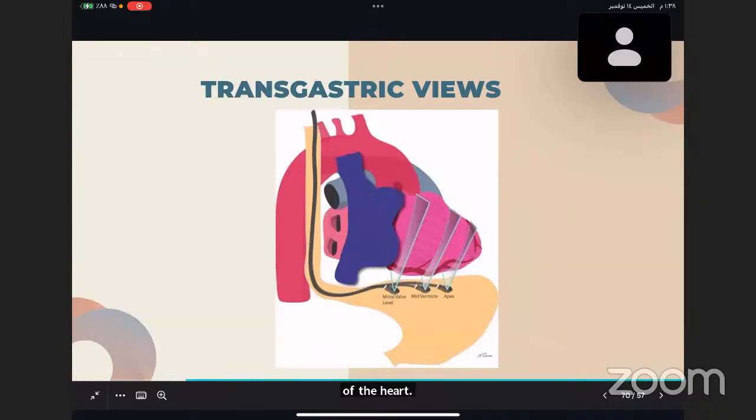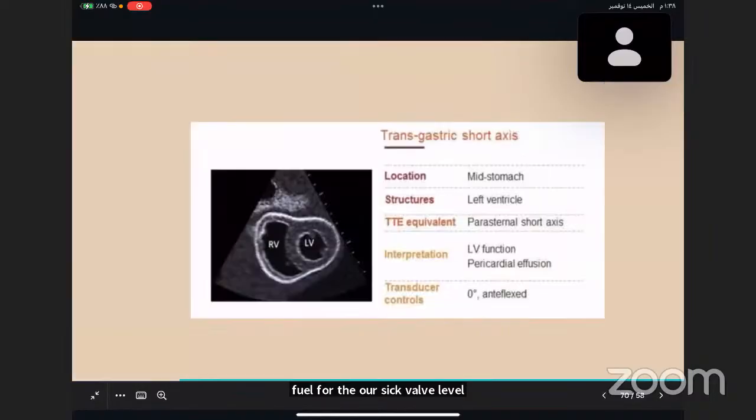Okay, transgastric view for the aortic valve level, mid ventricle, and apex of the heart. Transgastric in the short axis, located at the mid stomach, we can see the right ventricle and left ventricle.